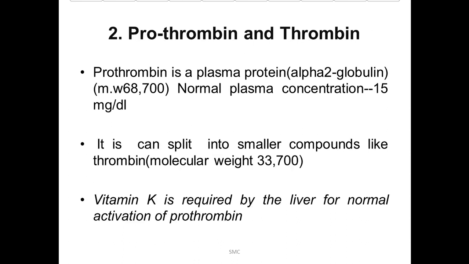Prothrombin is a plasma protein, alpha 2 globulin, molecular weight 68,700, normal plasma concentration 15 milligram per deciliter. It can split into smaller compounds like thrombin, having molecular weight 33,700. Vitamin K is required by the liver for normal activation of prothrombin.